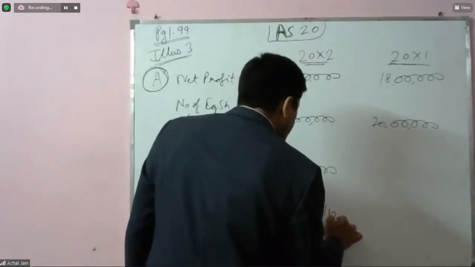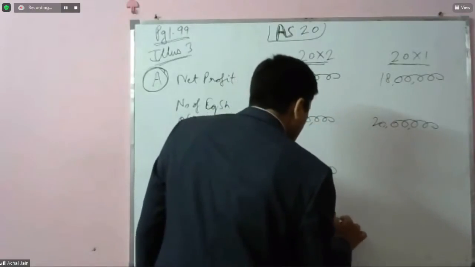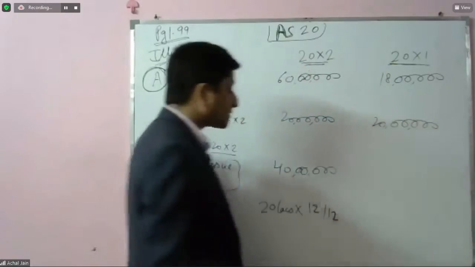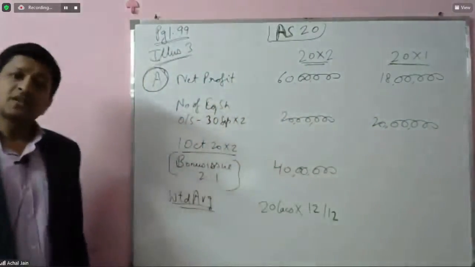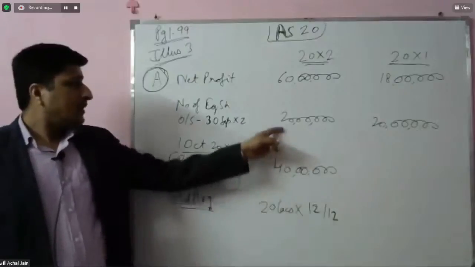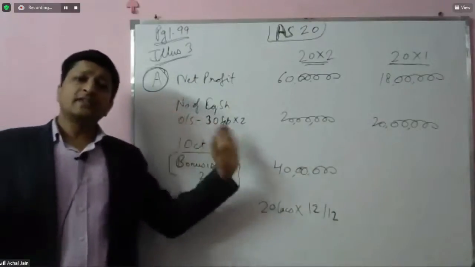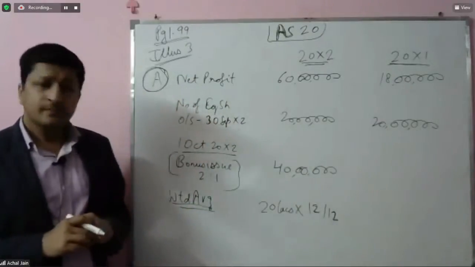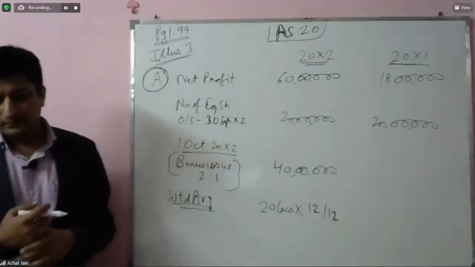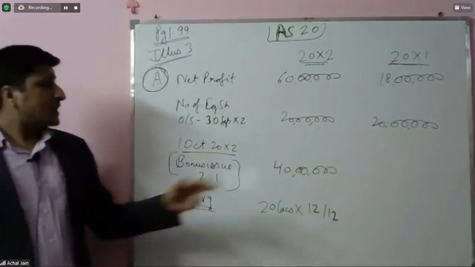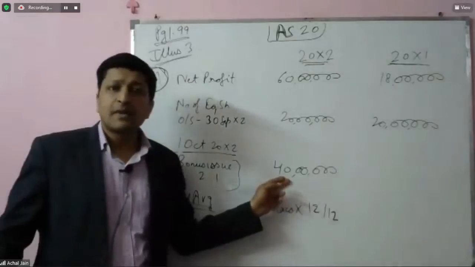These many shares remained outstanding throughout the year. Yes or no? These many shares remained outstanding throughout the year, because after that it has only increased by 40 lakhs.